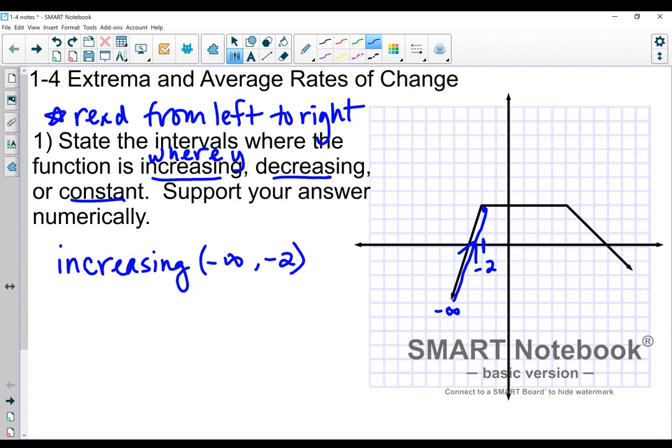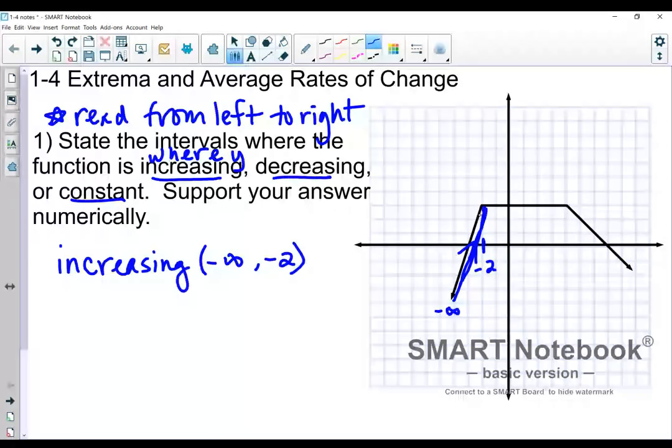Our convention when we look at these intervals on a graph is to use soft parentheses for everything, because we don't know, does the -2 get included with this piece of the graph or with the next piece of the graph? Where do the brackets go? Where do the parentheses go? So we just use the soft parentheses for everything.